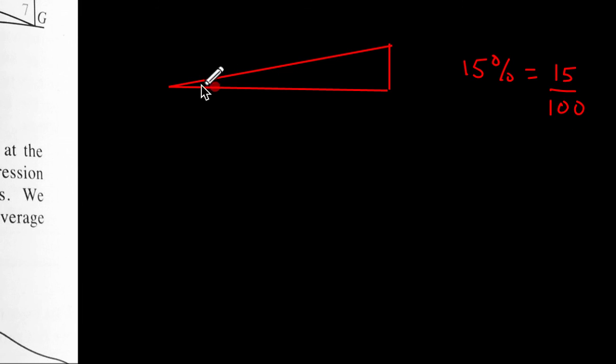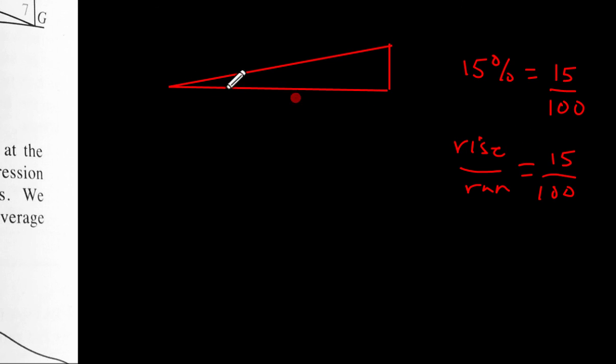When they tell you the grade is 15%, it's the same thing as your rise over run. So your rise over run is going to be 15 over 100. Of course we can reduce that, but let's just leave it like that for now.